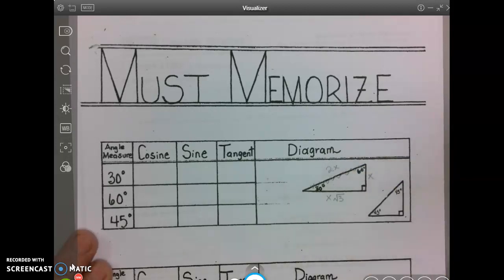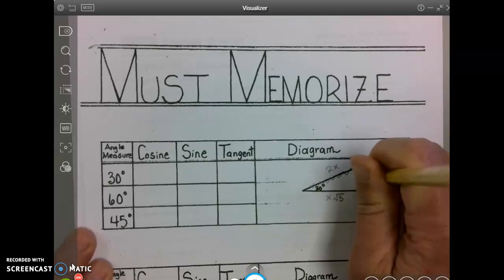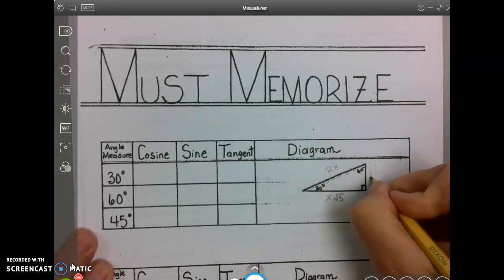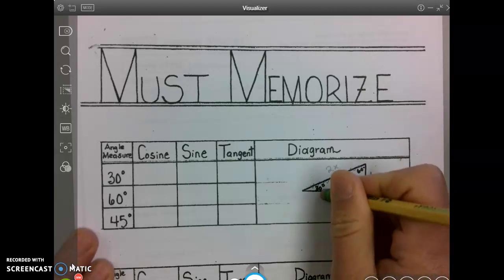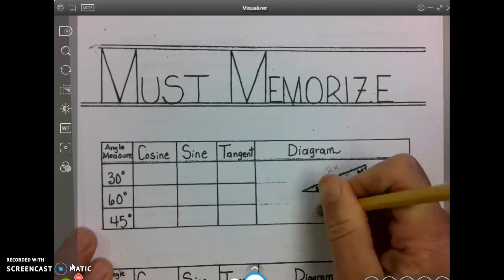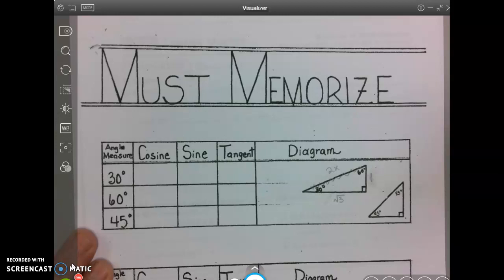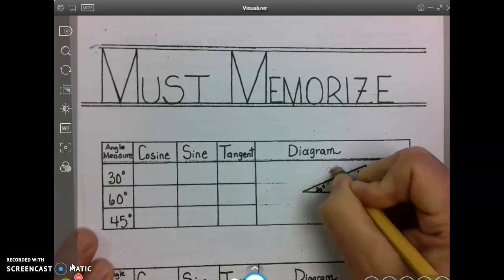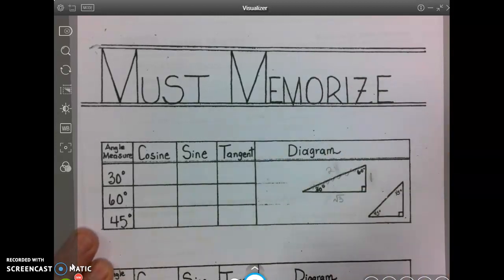Now, in this instance, since it's on the unit circle, we are going to let x be 1. So if x is 1, I can just say that across from the 30 is 1. Across from the 60 is 1 times the square root of 3, or simply the square root of 3. And 2 times 1 just becomes 2.